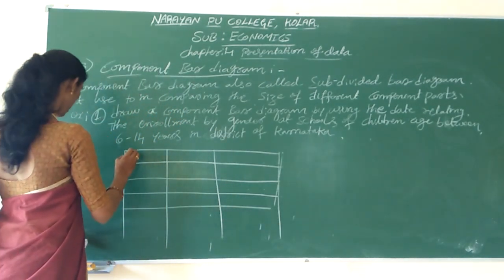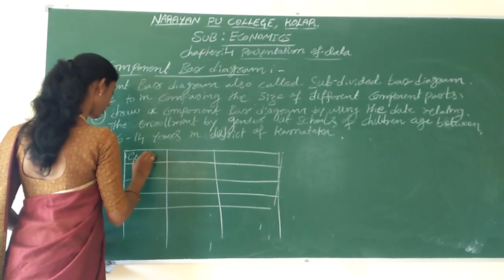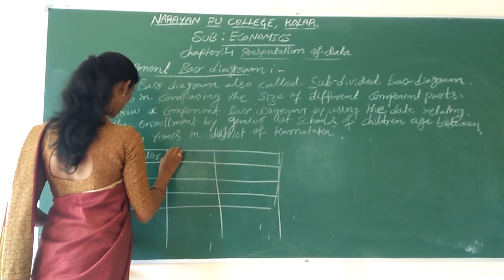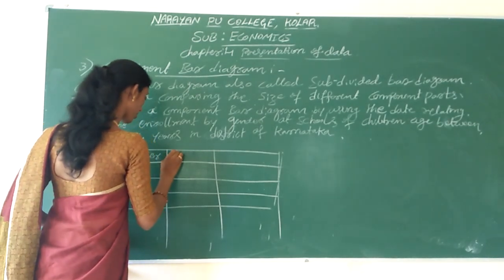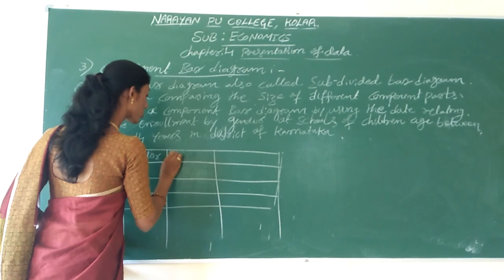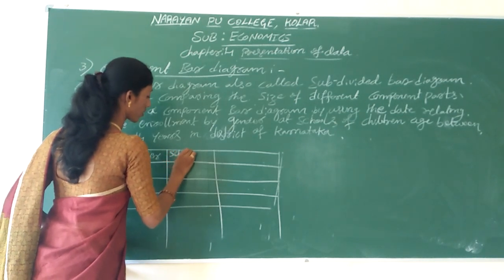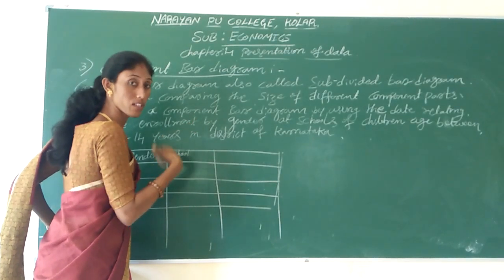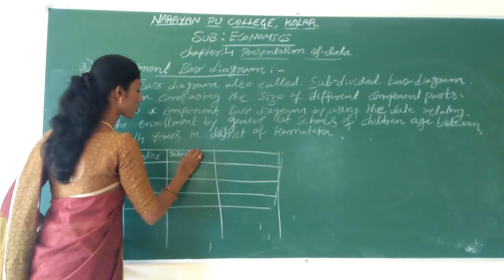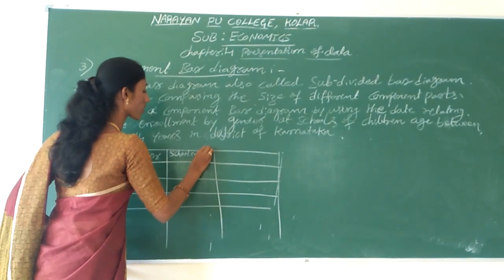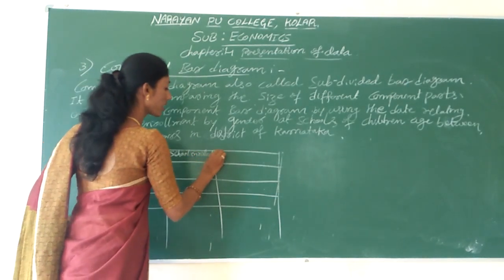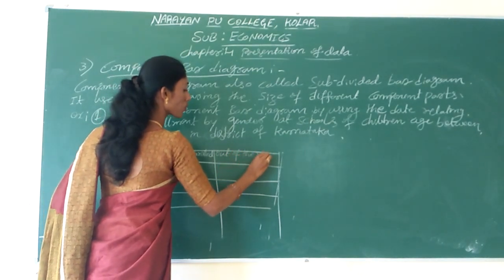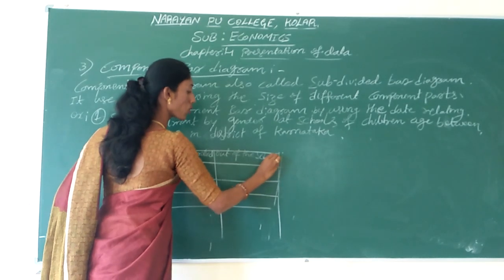Now you have the columns: gender, and school enrolled percentage. School enrolled means who are admitted to the school for learning purposes. Next, out of school means who have not joined school.